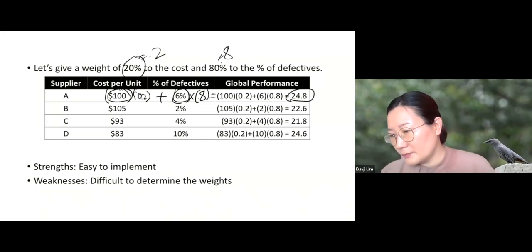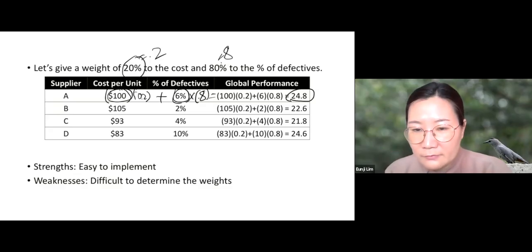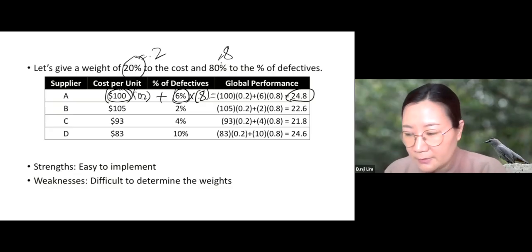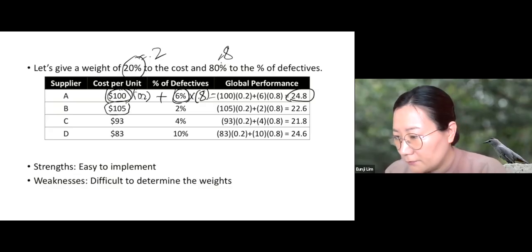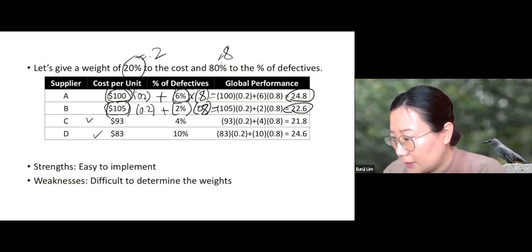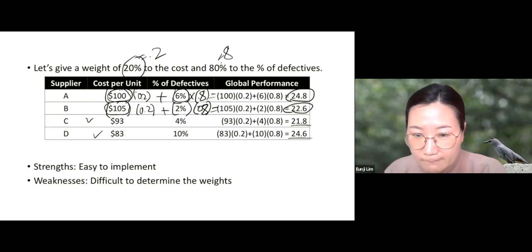That's the global performance of supplier A. And we can repeat this for each of these suppliers. Take the cost of B multiplied by 0.2, take the percentage of defectives and multiply by 0.8, add them up, you get 22.6. And repeat this for C and D, you get 21.8 for C and 24.6 for D.